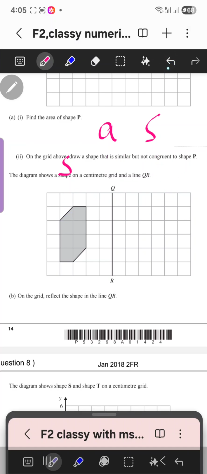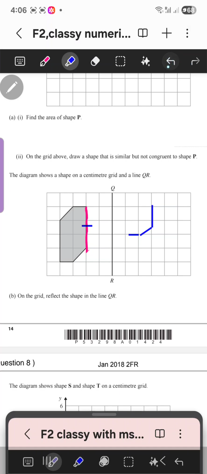He doesn't need a congruent, he just needed a similar, so we need just to change the size of it. As it is not a very big grid, we can move halfway. So if you have here 1 2 3, we can move 1.5, half of 3, and here we can move half a square. Then instead of moving 3, we just move 1.5.